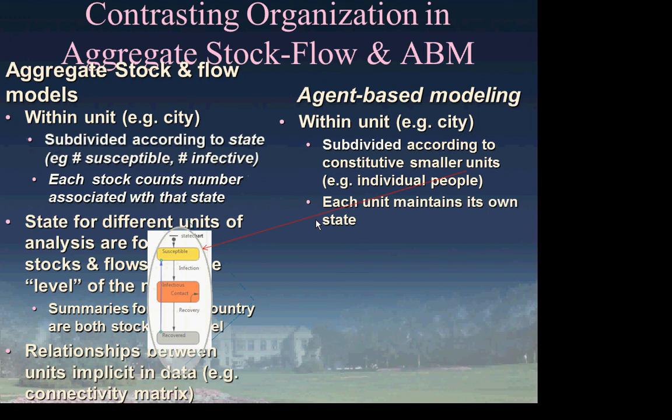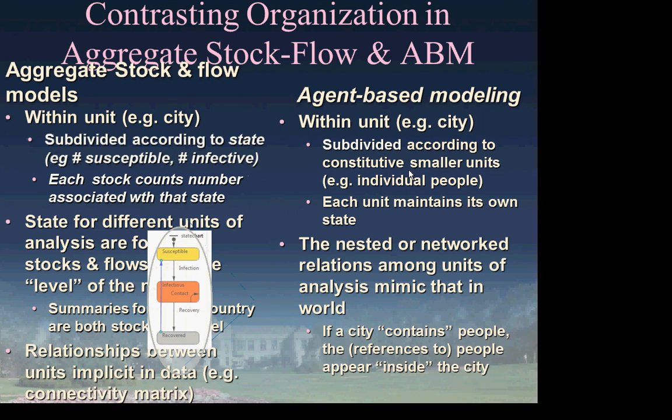By contrast, in agent-based modeling, we have individuals, and those individuals are the unit of organization. And each individual then maintains their own state. It might be with one state chart, and might be with several state charts. Orthogonal state charts, essentially. Maybe interacting some, but more or less independent of one another.